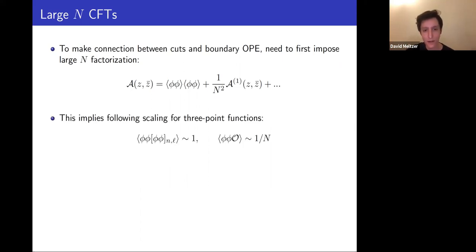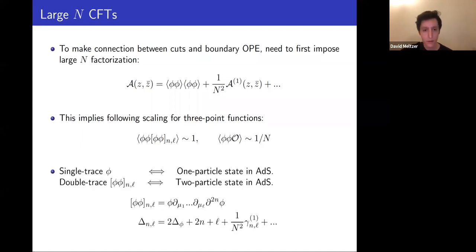So this implies that the coupling between single traces and their own double traces is order 1, and the coupling of single traces is order 1 over N. So this is now some more standard AdS/CFT dictionary between single traces and one particle states in AdS. Here I just want to emphasize that my double trace operators have this dimension at infinite N, and their anomalous dimensions are suppressed by 1 over N squared.